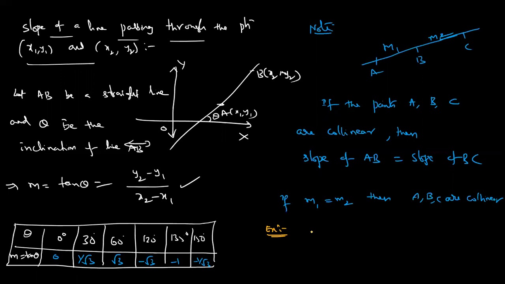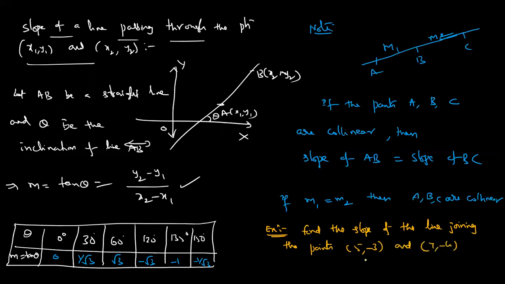Good. What about the remaining? So I'm giving a question. Find the slope of the line joining 5 comma minus 3 and 7 comma minus 4.